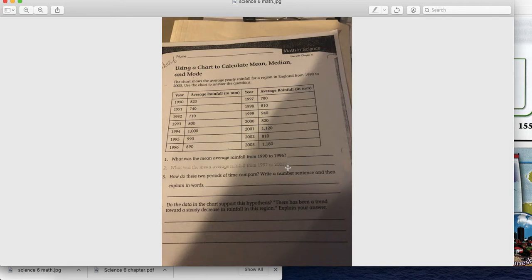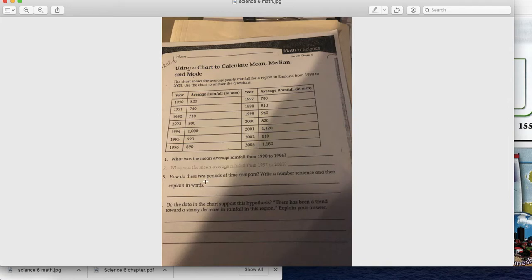When I add those together, I got 6,460. I divide that one by 7, and it does not come out evenly at all. It came out to 922. I'm going to round up to 923. Okay, and my label is millimeters.